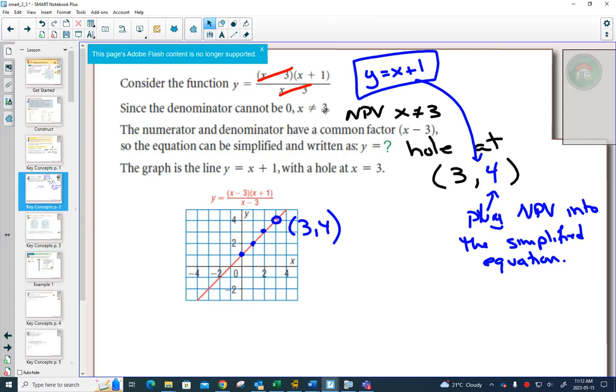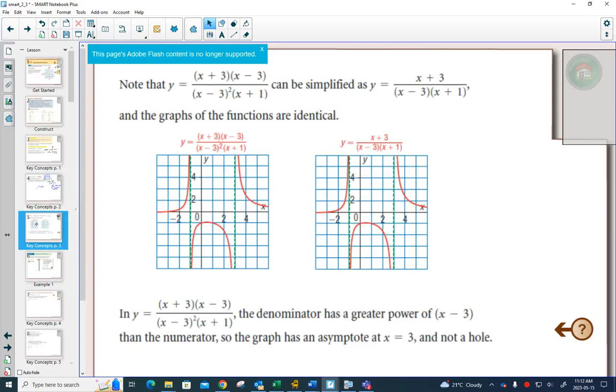There are sometimes situations, not very often, but this next example has non-permissible values. Here's the original equation. It has non-permissible values at x can't equal 3 and x can't equal -1, because that would cause me to divide by 0. Notice that this x minus 3 cancels out with one of the x minus 3's on the bottom. But we still have an x minus 3 on the bottom as a non-permissible value.